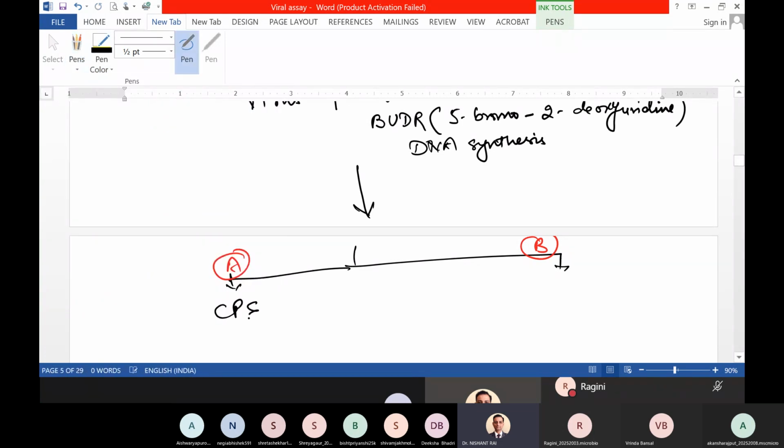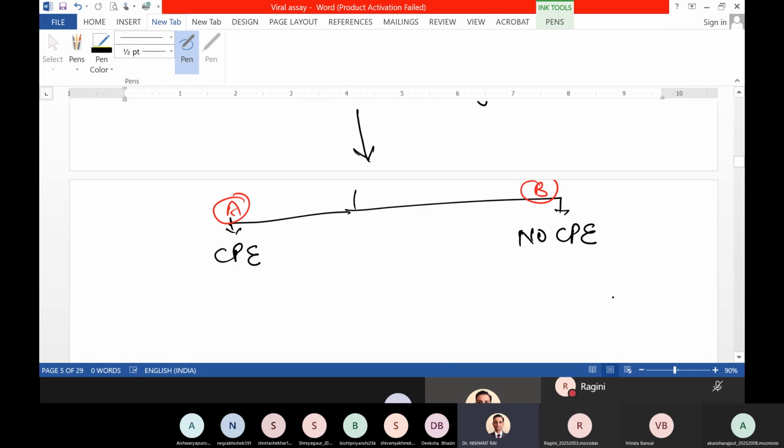Here cytopathic effect observed, no cytopathic effect. Now can you tell me, in case of observation A, what is the nature of the virus, and in case of observation B, what is the nature of the virus on the basis of its nucleic acid?